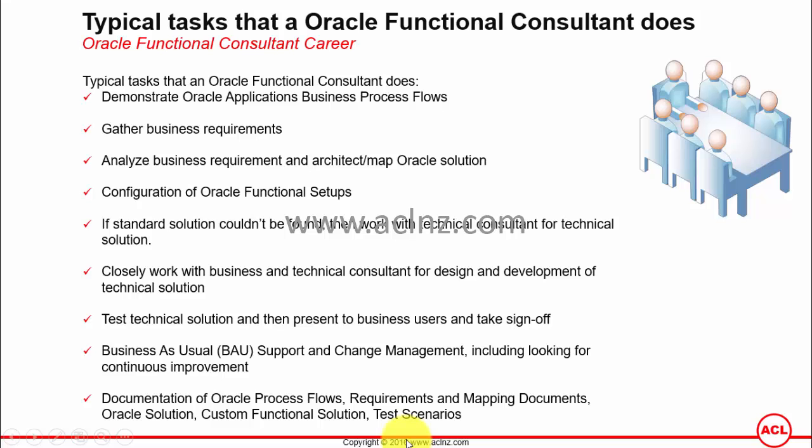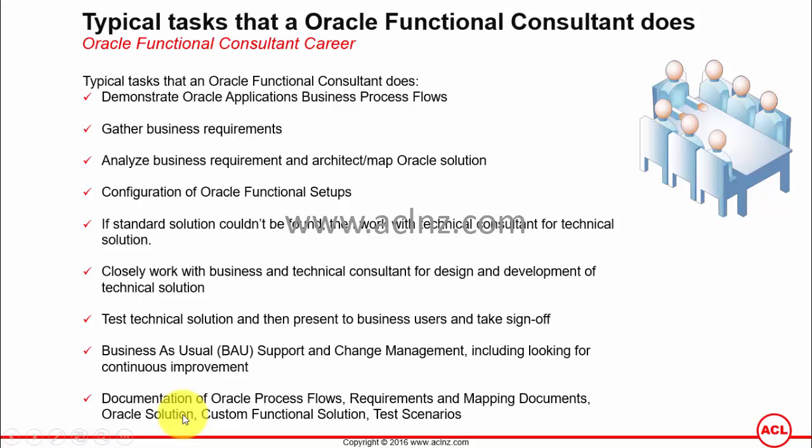Fine. So that's where a number of documents come into the picture. So one document is for capturing the requirement, one document is for mapping those requirements and capturing the gaps, and one document is for the Oracle solution. So what is the future process flow in terms of the Oracle functionality and what the business is looking for, then identifying gaps.